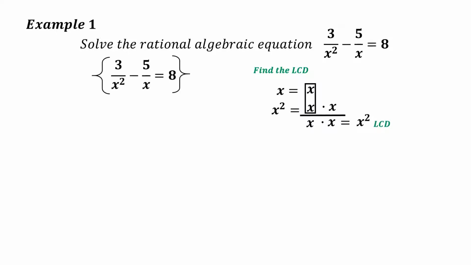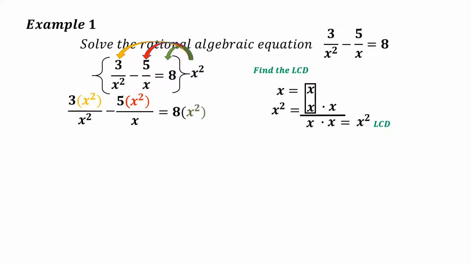We will now distribute the x squared in the whole equation. Let us start. We have 3 multiplied by x squared over x squared, minus 5 multiplied by x squared over x, is equal to 8 times x squared. Let us now simplify the results. We can cancel the x squared because x squared divided by x squared is equal to 1.